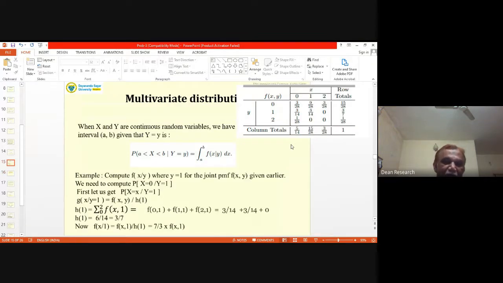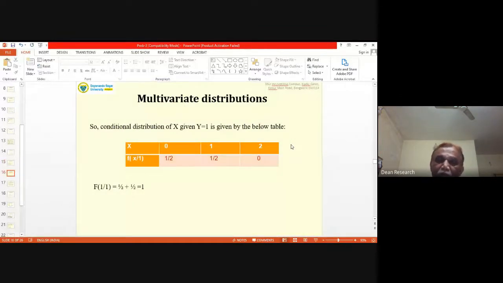So the formula for f of x given 1, where y is equal to 1, that's the understanding we have now. We have already discussed that. We are getting the formula for f of x given 1, which is nothing but 7 by 3 into f of x comma 1. Now substitute the values of x, and you get all values of f of x given 1, meaning x equal to 0, x equal to 1, x equal to 2, and list down the values. Once you list down the values, you get the distribution. Is it clear?